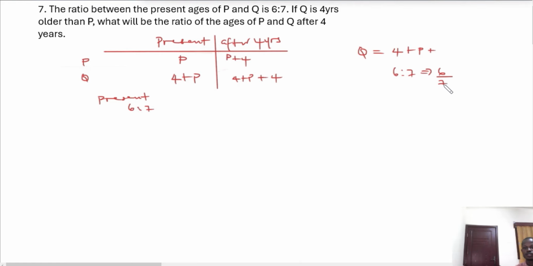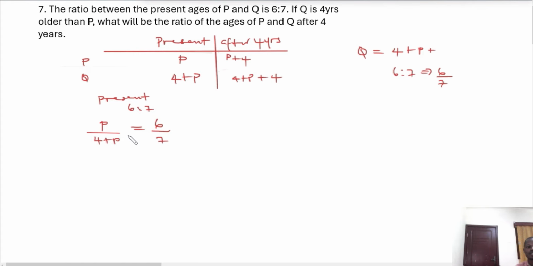So here we're going to divide P and Q. Since the ratio is 6 to 7, we have P upon 4 plus P, equal to 6 divided by 7.